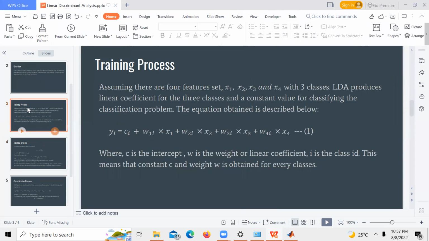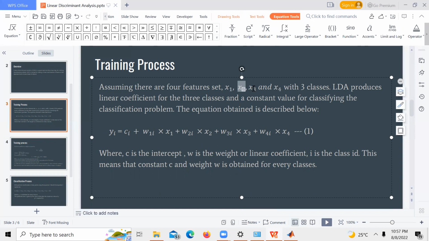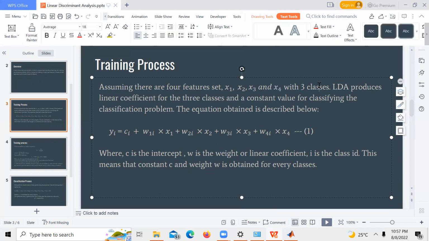Considering the training example we've given here, which has 4 features, X1, X2, X3, and X4, and 3 classes, we can extract for class 1 the feature set, the data input X1, X2, X3, X4.